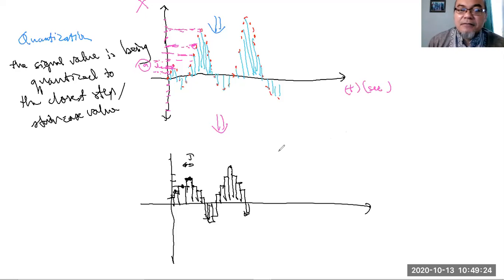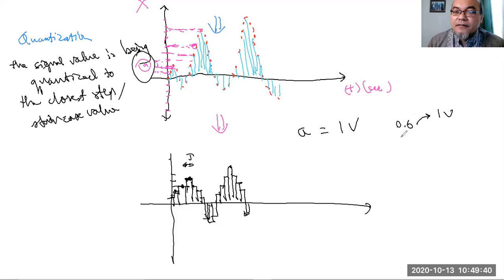Let's say, just as an example, A here is 1 volt. The difference is 1 volt. If we have a value of 0.6, it will be rounded to 1 volt. If we have a value of 0.3, it will be rounded to 0 volt.